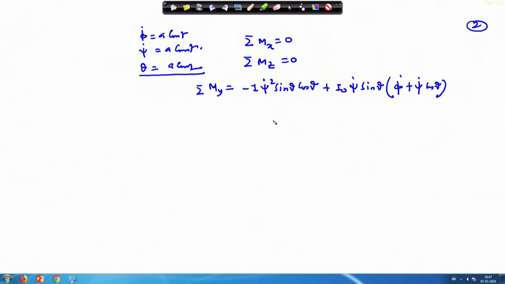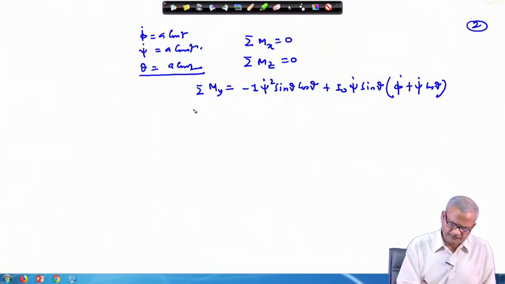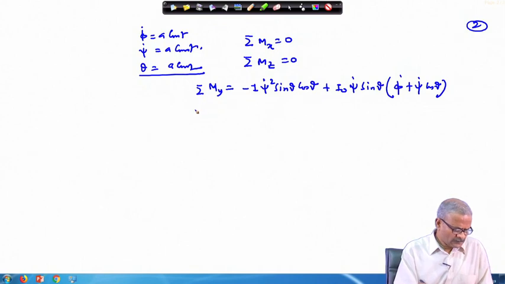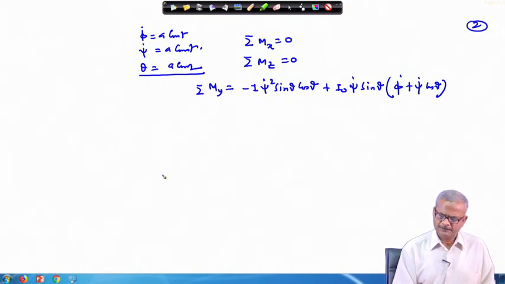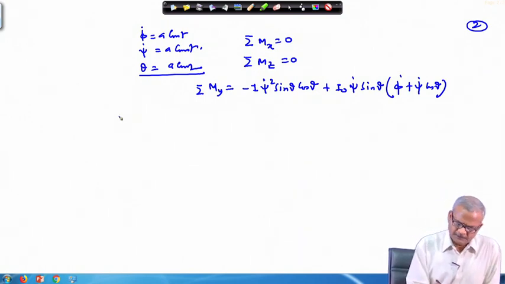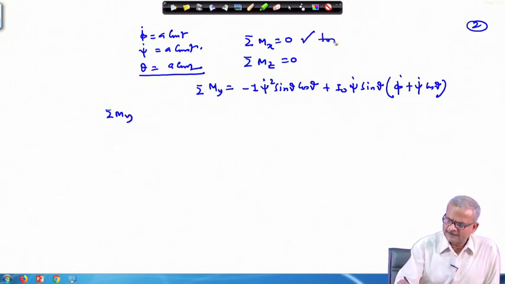We can rearrange it. So, from here then we get the desired solution. So, our solution will be E m y, and what is required is that torque along x axis should be 0.